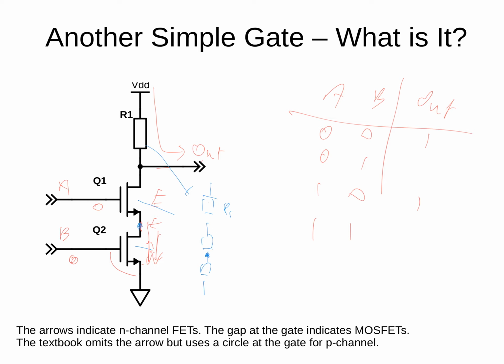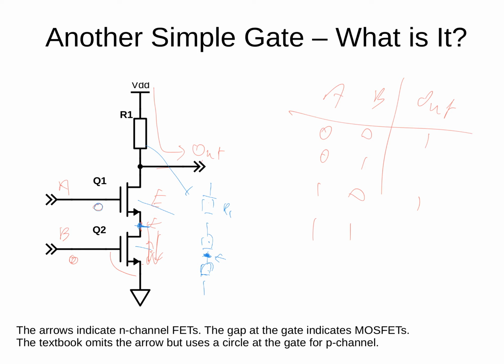So depending on the values of these three resistors, the voltage here might be a bit larger than 0, depending on the resistance here and the other resistors.